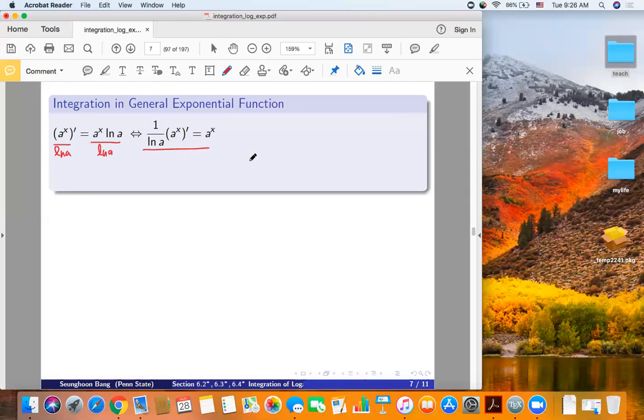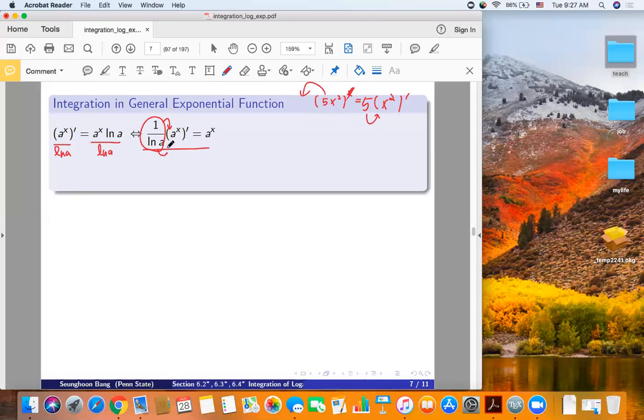So we have it. Next, this is a constant coefficient part. ln of a can go inside. It's possible. One example is 5x squared prime. It's always the same. You can take it out or move it inside. It doesn't matter.